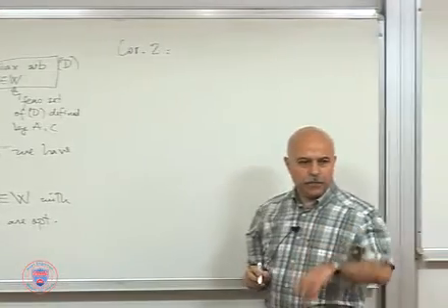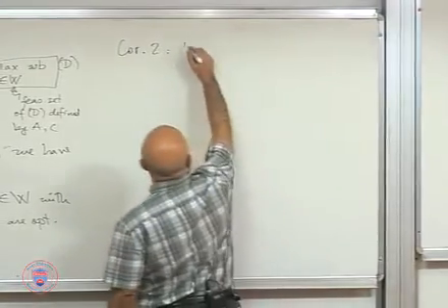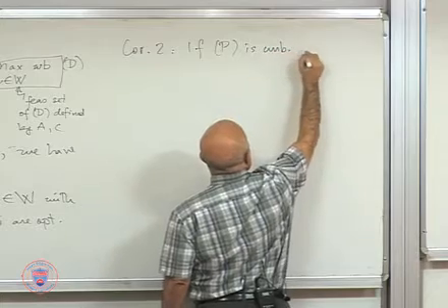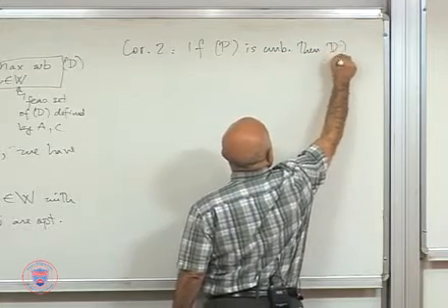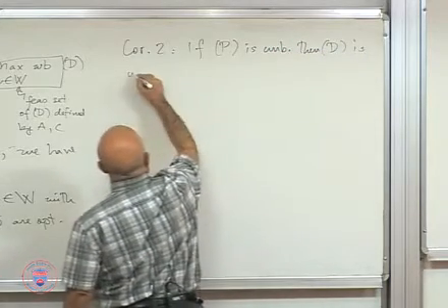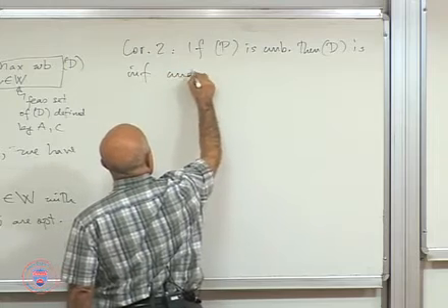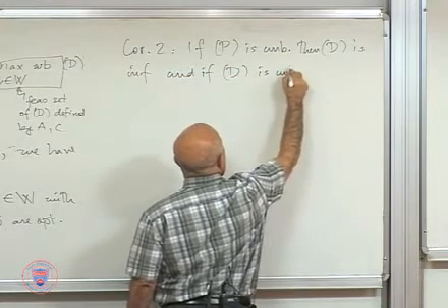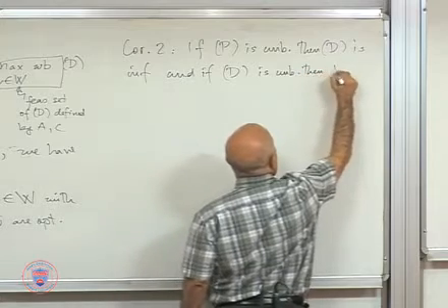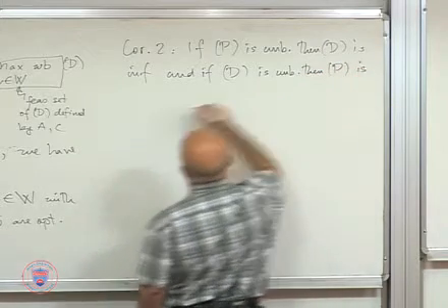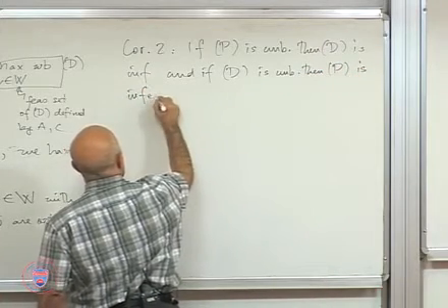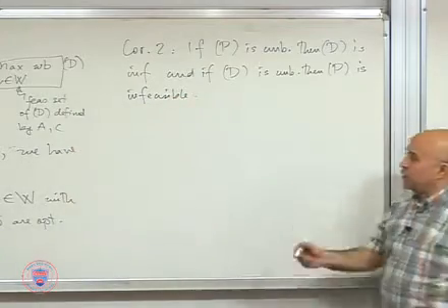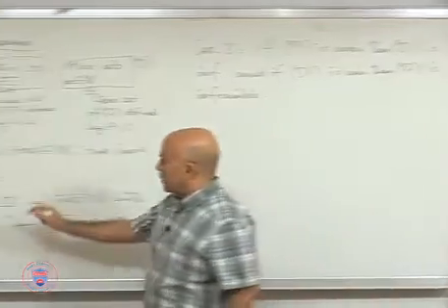If one problem is unbounded, the other problem is infeasible. So if P is unbounded, then D is infeasible. And if the dual is unbounded, then the primal is infeasible.